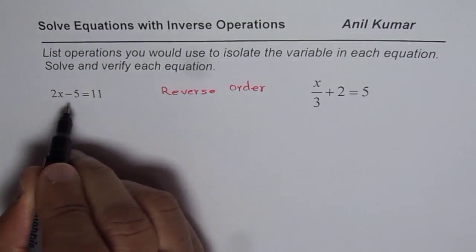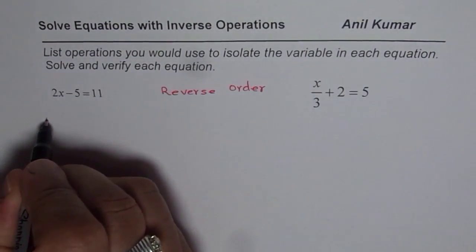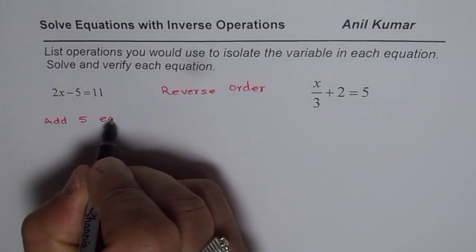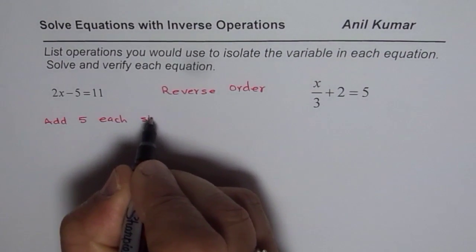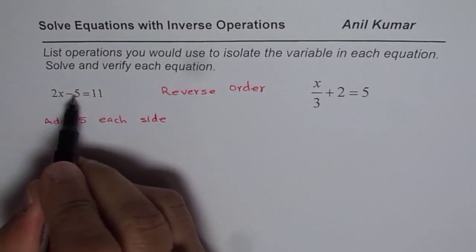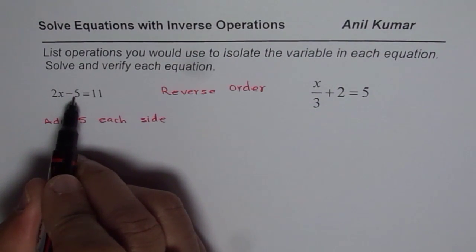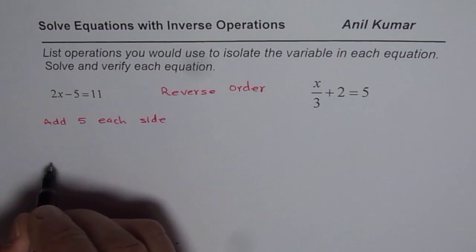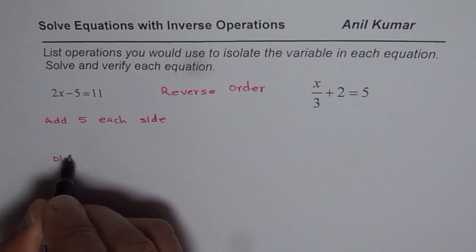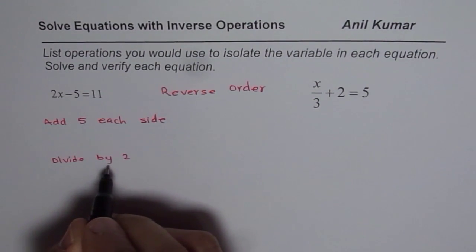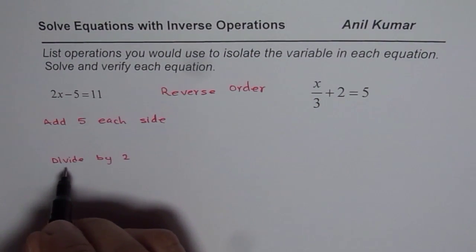So in this one, the first step should be add 5 to each side. Once you add 5, you isolate 2x. You do get rid of 5 from the left side. And the next step should be divide by 2. Whenever you do any operation on one side, you have to do it on both sides.